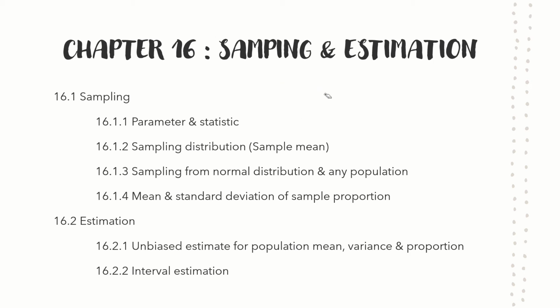Okay, this is the second topic, and the third topic is sampling from a normal distribution and any population. You already know that there are many types of population distribution, right? One population may be a normal distribution, a binomial distribution, or a Poisson distribution.